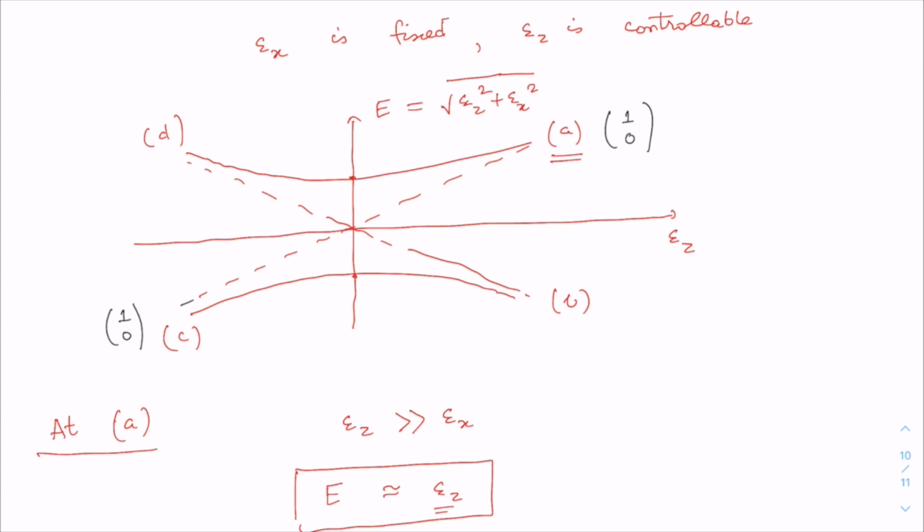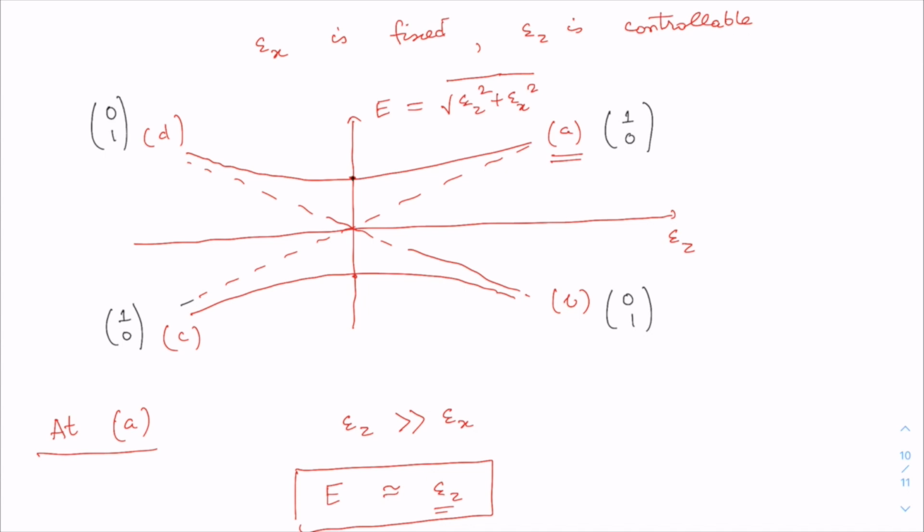In fact, you can do it by rigorous calculation. These calculations are simple. You can show that the point C will also correspond to (1, 0). On the other hand, point B will correspond to (0, 1), and by similar logic, point D will correspond to (0, 1).